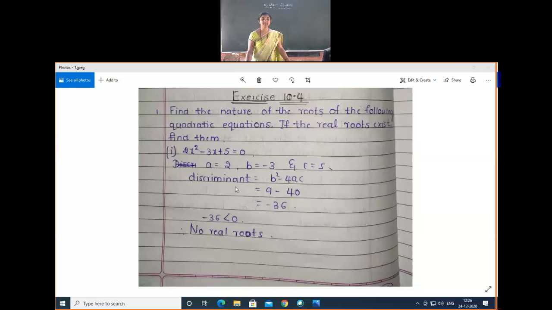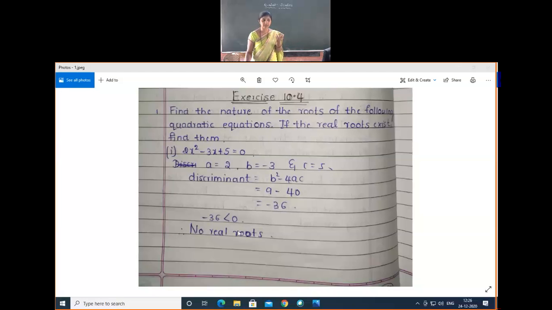Discriminant is b square minus 4ac, so minus 3 whole square, that is 9, minus 4 into a value 2, c value 5. Here 40, so you will get minus 36. You got the value of b square minus 4ac as minus 36.